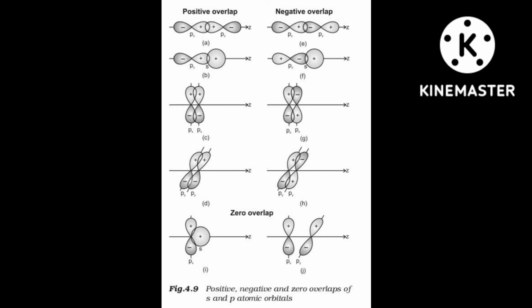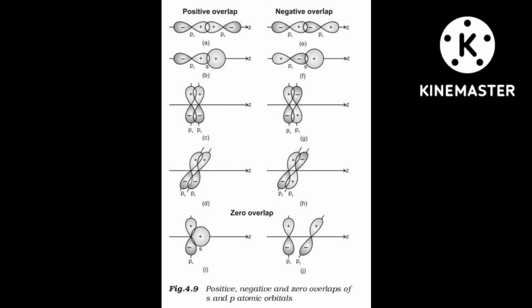The first type is the sigma bond, and the second type is the pi bond.